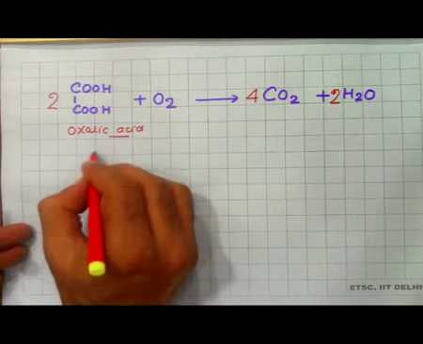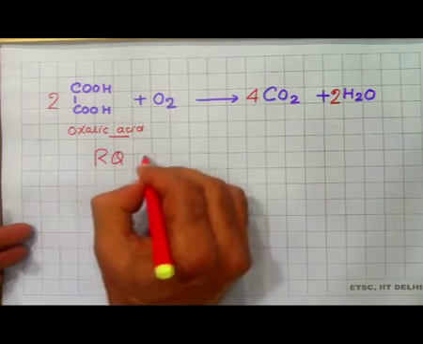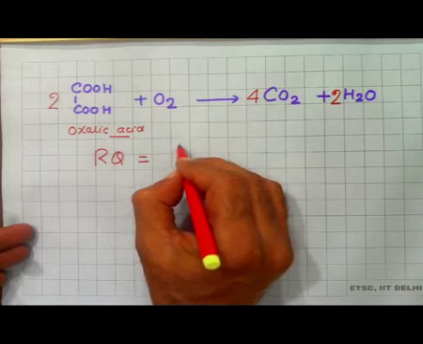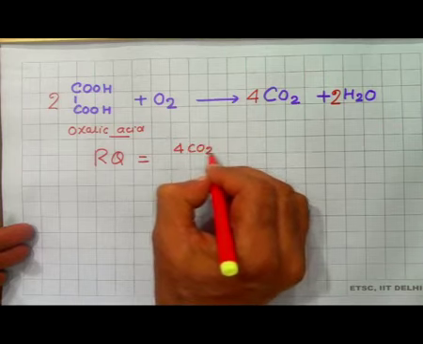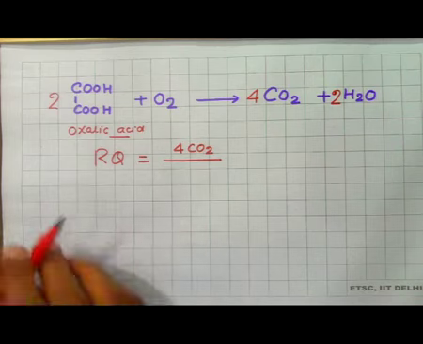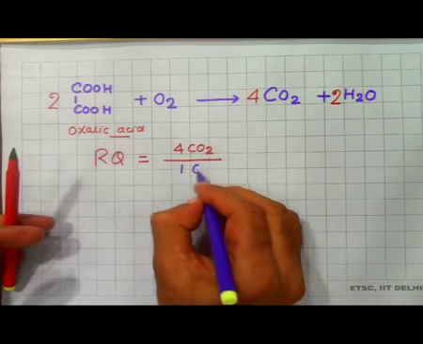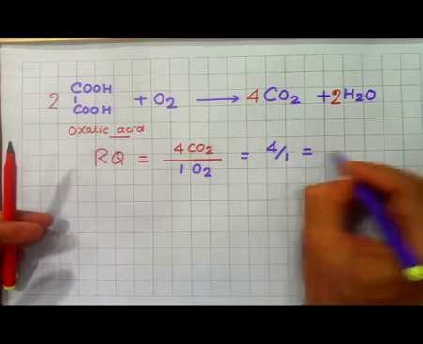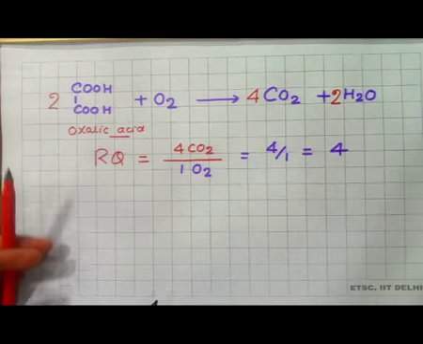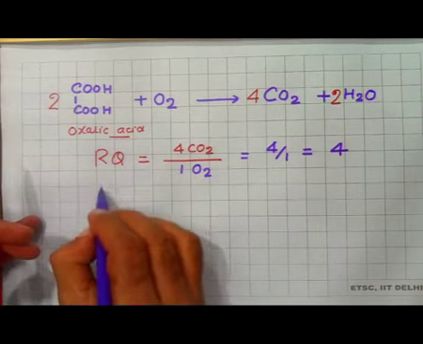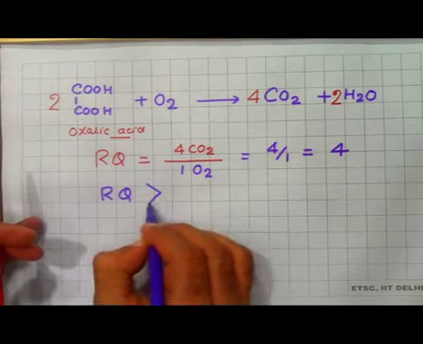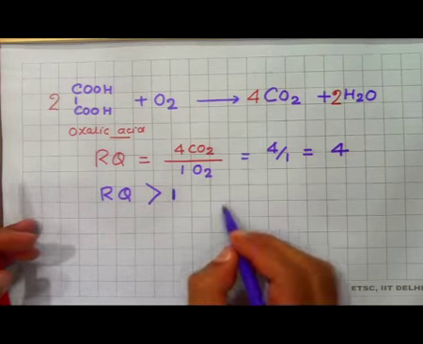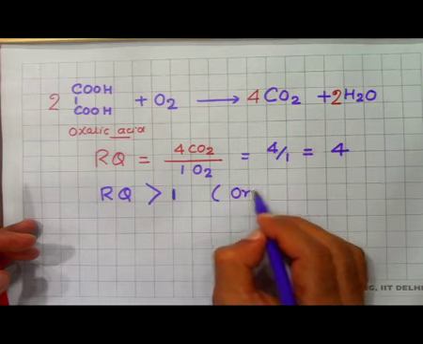Now, what will be the RQ? You can easily solve this. Volume of CO2 evolved is 4, volume of oxygen consumed is 1, that means 4 by 1, RQ is 4. It means the RQ is greater than 1. When RQ is greater than 1, the substrate will be organic acid.